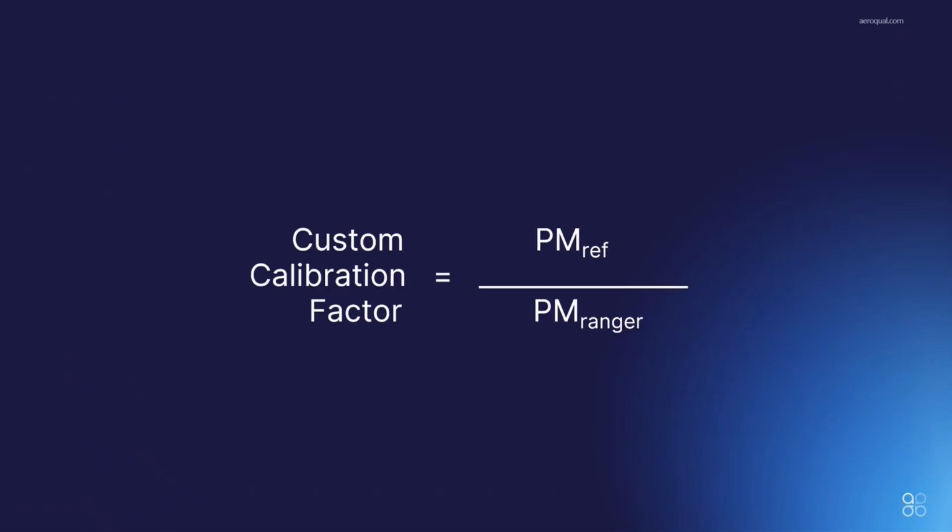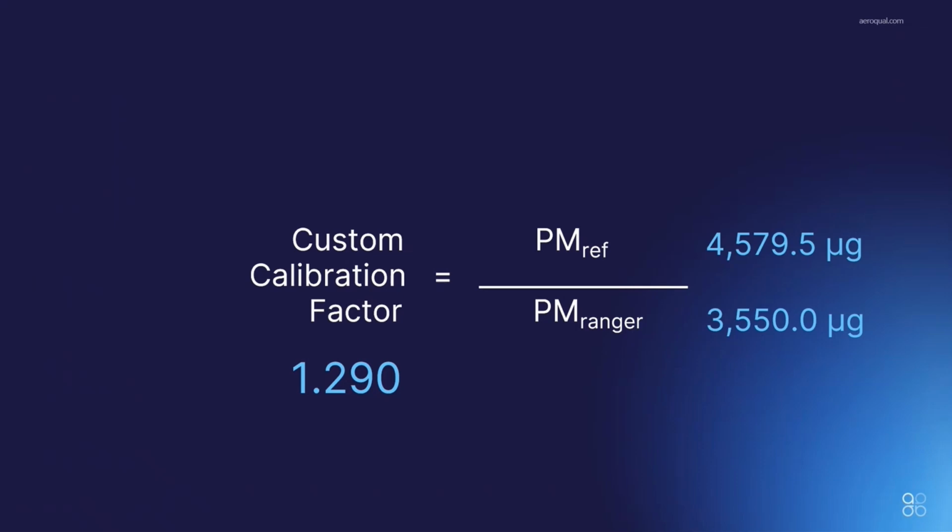After we've calculated average mass concentrations for Ranger dust and for the gravimetric sampling setup, we will want to apply this formula to find out what our custom calibration factor should be for PM10. Let's do the math. It should be 1.290 for the custom calibration factor. That's what we want to apply as our custom calibration factor for the PM10 particle fraction.